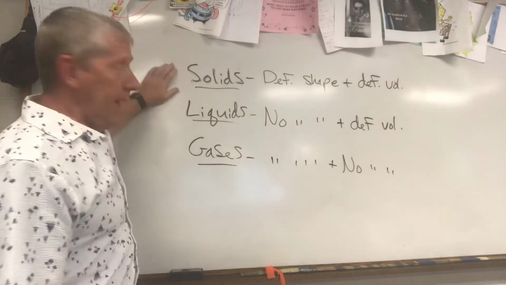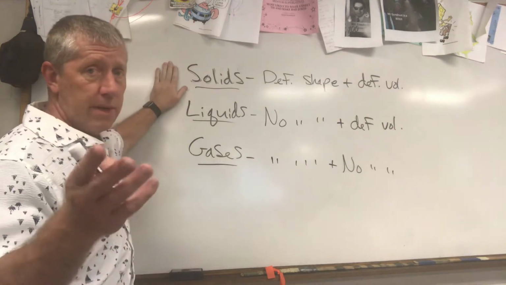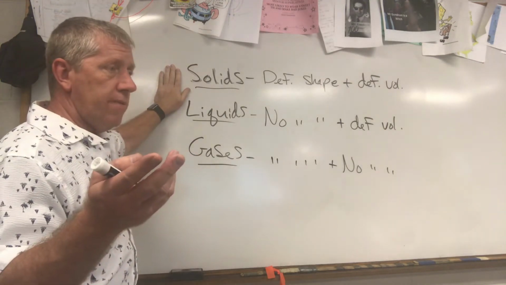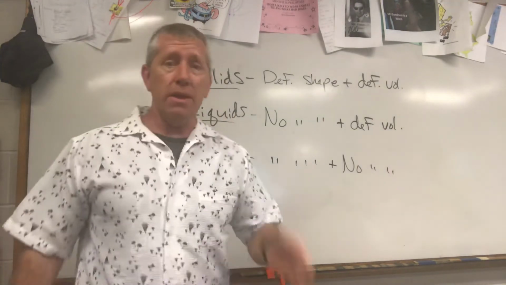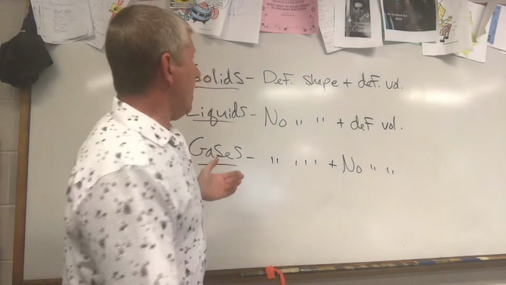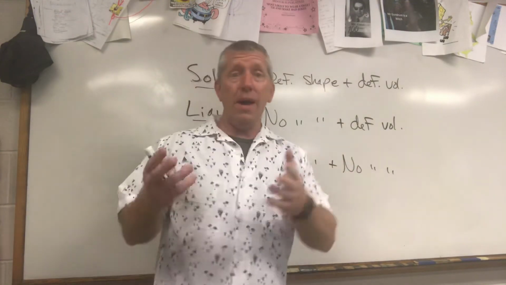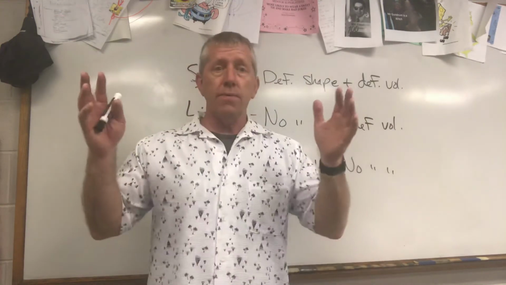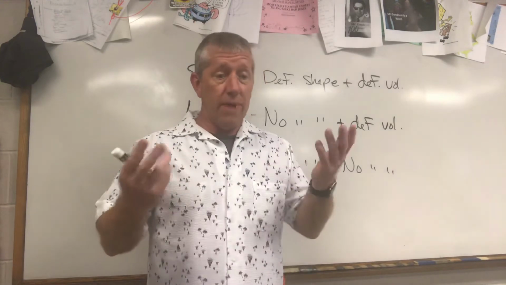Actually, the definition of a solid, this is interesting. We'll go into this in another video, but I'll mention it now. Glass is technically not a solid, and the reason for that is glass over time doesn't have a definite shape. Over time, glass is called a very viscous liquid.